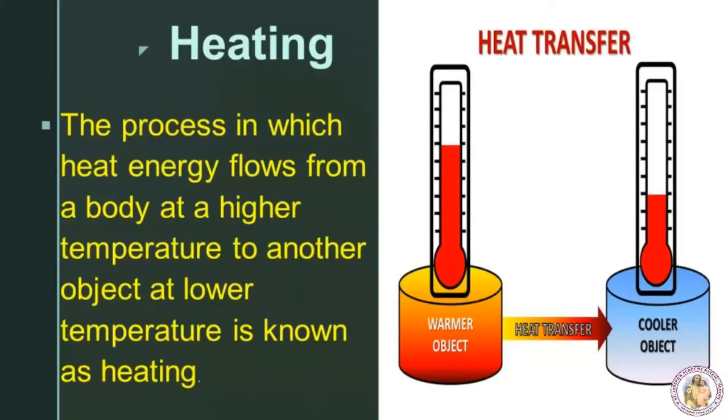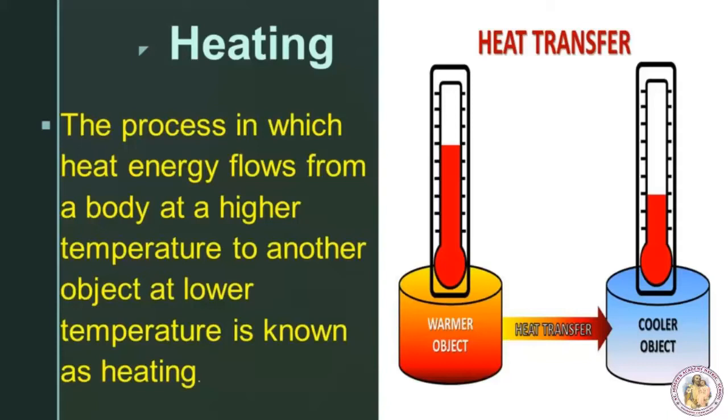Now, what is heating? Heat energy is the agent which produces the sensation of warmth and makes bodies hot. The process in which heat energy flows from a body at a higher temperature to another object at lower temperature is known as heating.